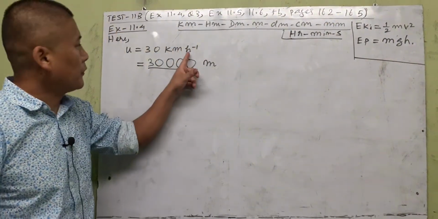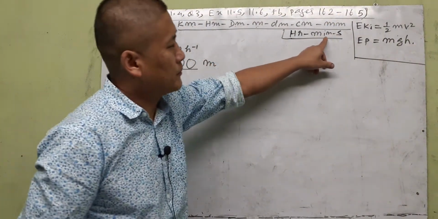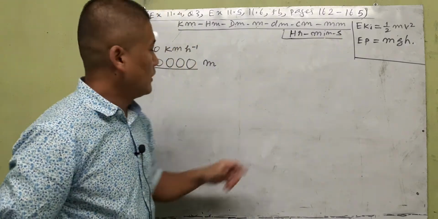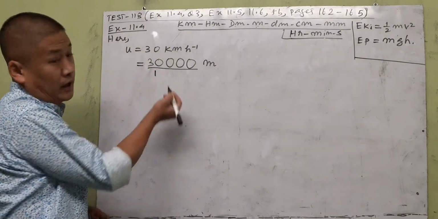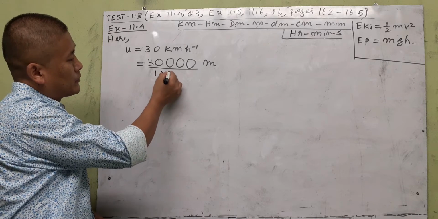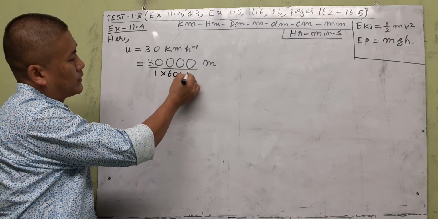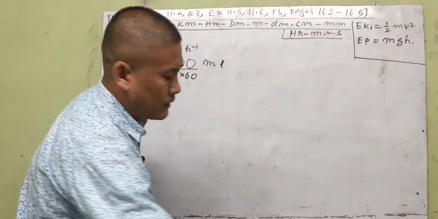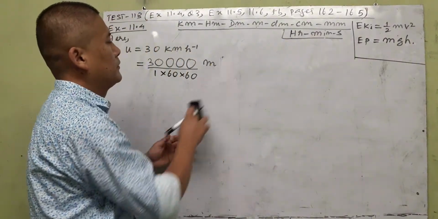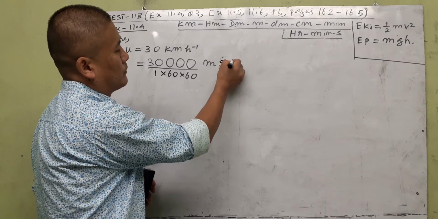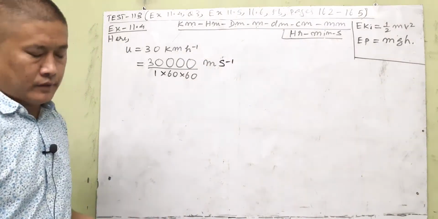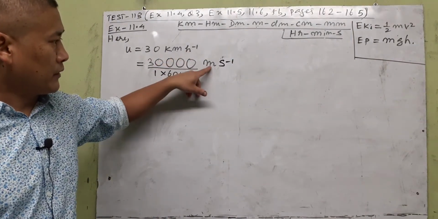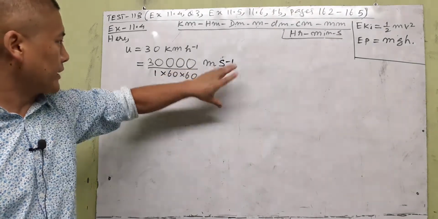So changing hour to minute means shifting big to small, multiply by 60, and hour to the power minus 1 is now converted to second to the power minus 1. So that's how we change kilometer per hour to the SI unit, meter per second.